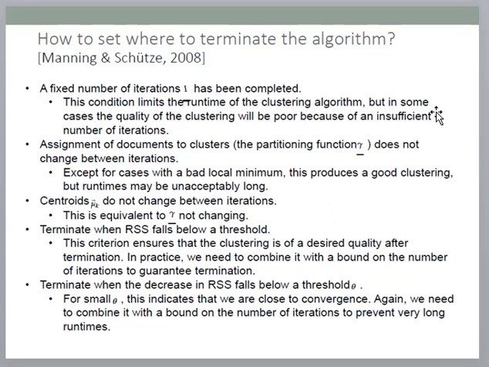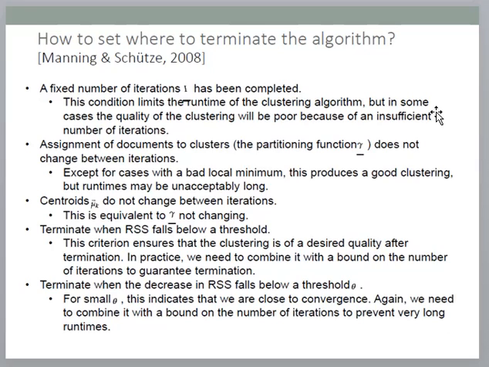So if in your problem or in your data set you have a bad local minima problem, then it might be a possibility that this terminating criterion may not work for you. But in most of the cases where we don't have a bad local minima problem, we can have good results with this terminating criterion. But another thing is that it may take a long time, so it means that the training time will be larger.